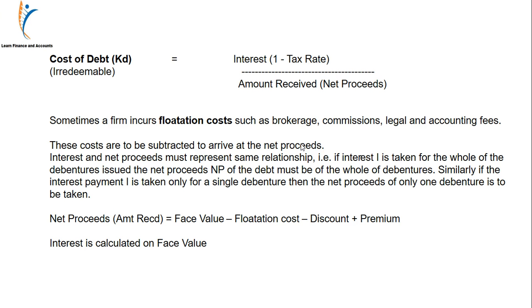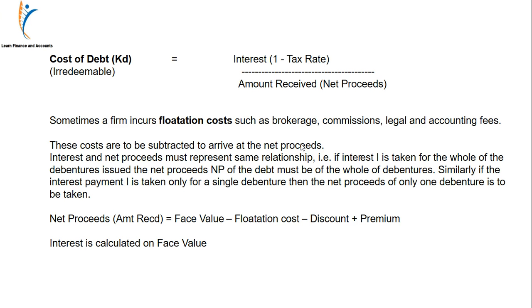This commission is given to the agent for raising capital for the company. Similarly, a broker takes brokerage from the company as well as from you, because the broker is taking the money from you as well as the company both. So that brokerage is also a flotation cost for the company.